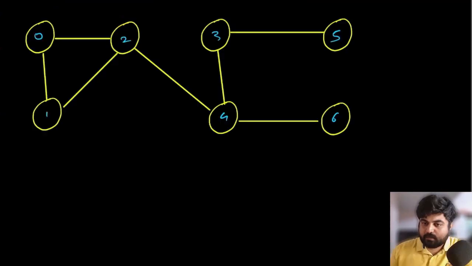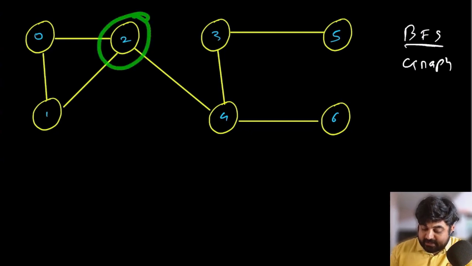So let me quickly draw a graph and we will see a BFS example, and then we will see how to implement it like a typical common workflow for a BFS. Now for this example we will see how a BFS is going to work for a given graph. Unlike a tree, a graph does not have a root node, which means we can start our BFS from any single node.